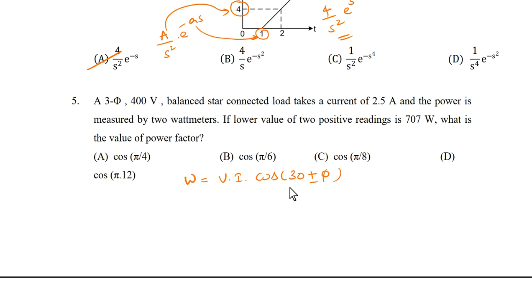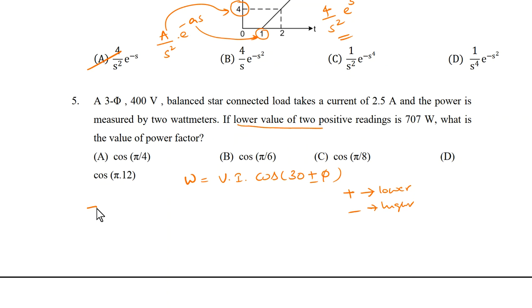Now the lower reading means, what will be the value? Plus indicates the lower value, minus indicates the higher value. Since they have given the lower value, you have to consider that.